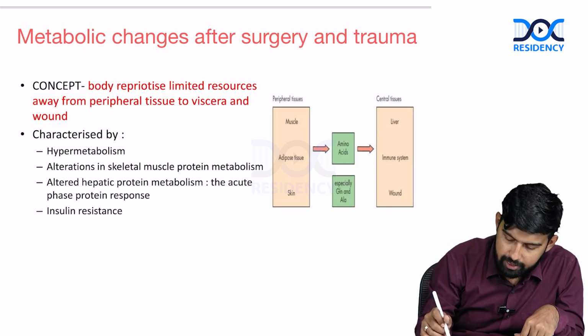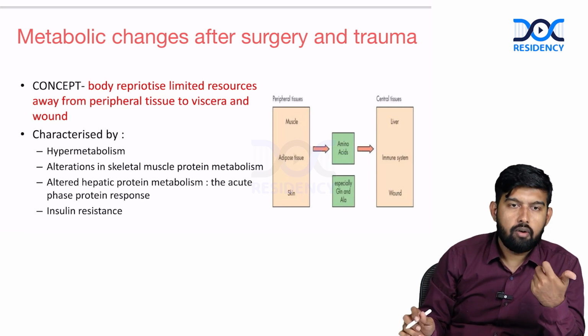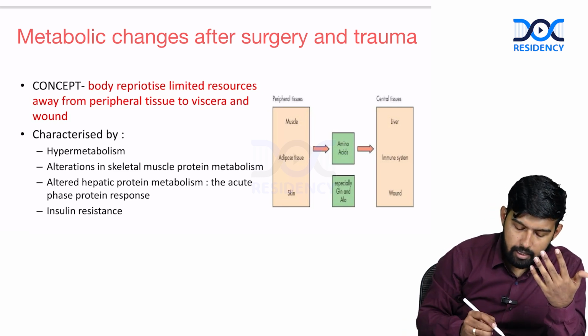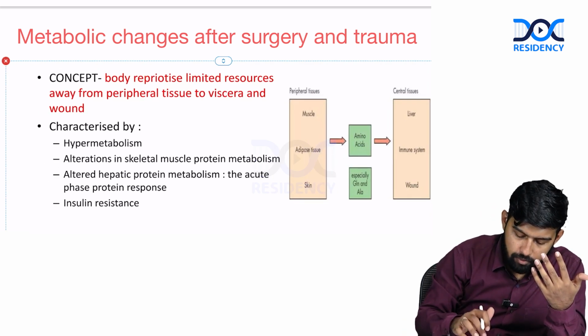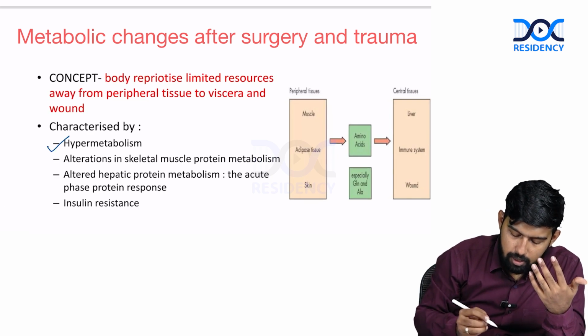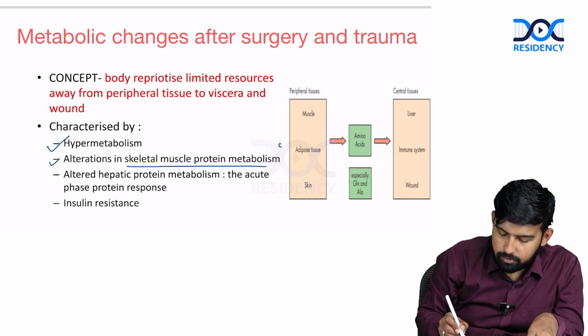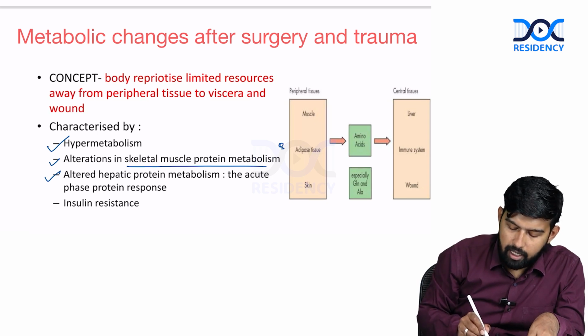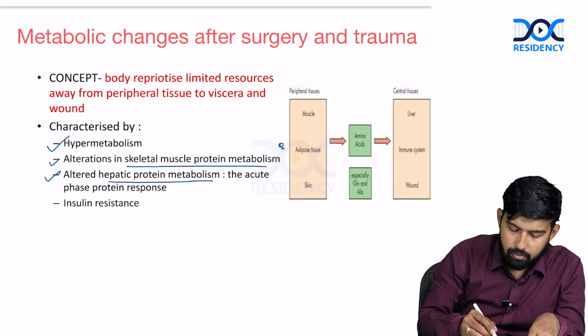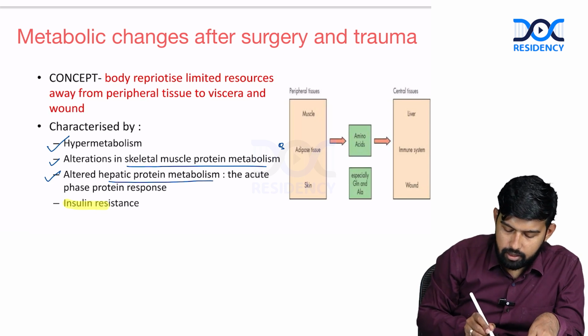It is characterized by four principles: hypermetabolism, alteration in skeletal muscle protein metabolism, altered hepatic protein metabolism, and insulin resistance.